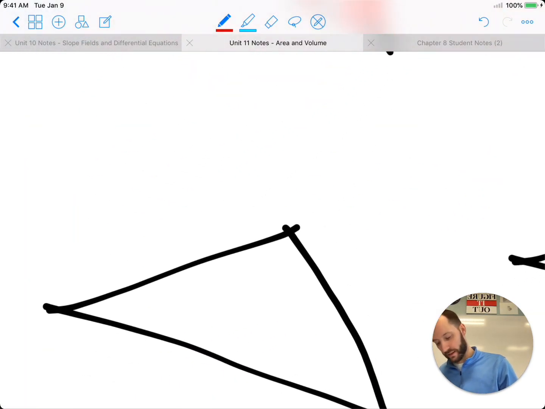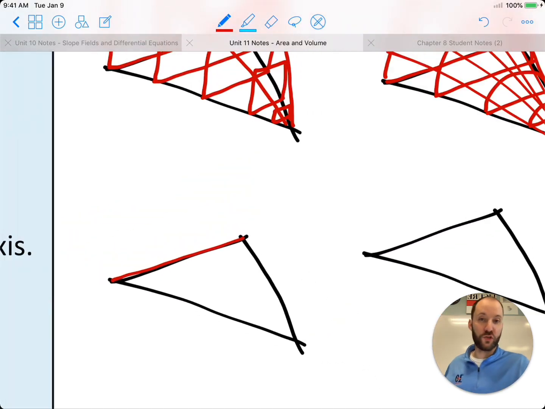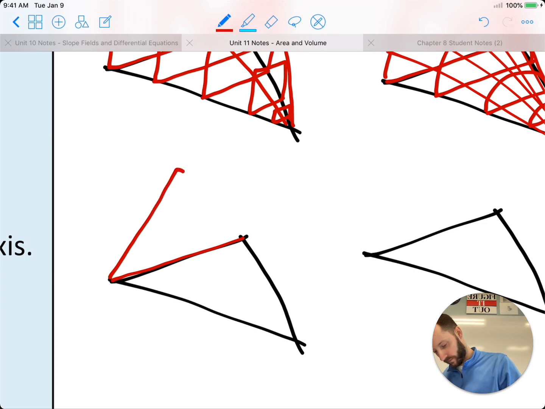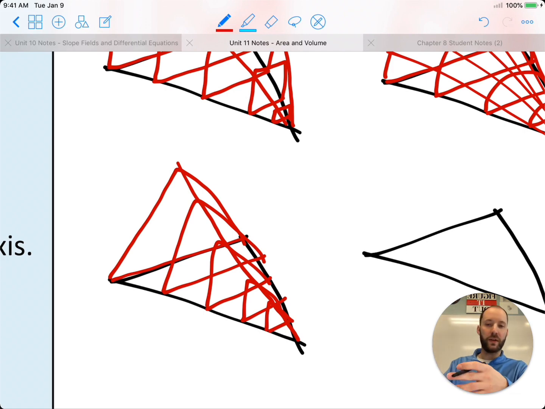Or let's say that the cross sections are equilateral triangles and the solid length is kind of guided by the base. So equilateral triangles all the way down. And those are not my best work. Yeah, the kind of sharp cone, triangular, it points up at the top as it goes down.